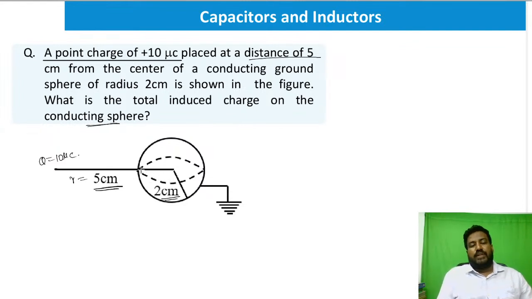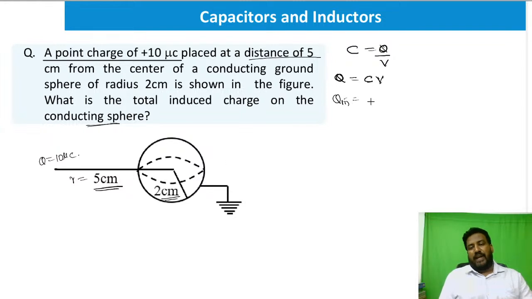How much is the induced charge on the conducting surface? How do you find this? Induced charge. Capacitance C is equal to Q by V. Q, the induced charge, is C into V. Very clearly, this Q is nothing but the induced charge.